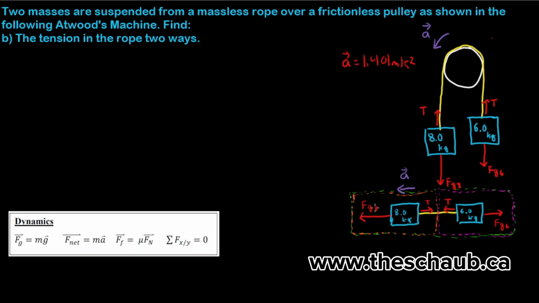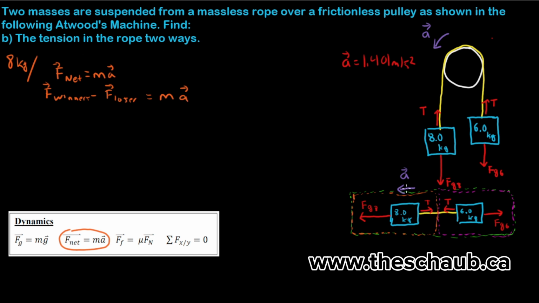Finding our tension via our orange system here, our 8 kilogram system, let's just note this here. We start from our standard force equation. Force net is equal to ma, just as before. And again, we're going to do the force of the winners, subtract the force of the losers, is equal to our mass times acceleration.